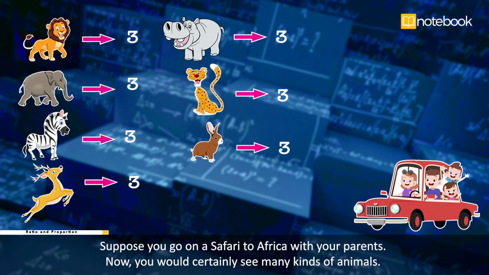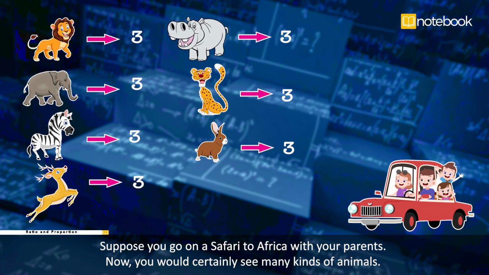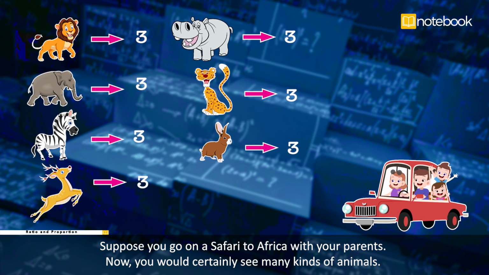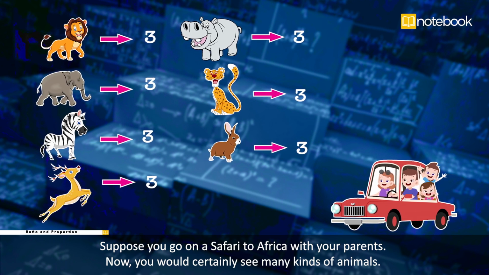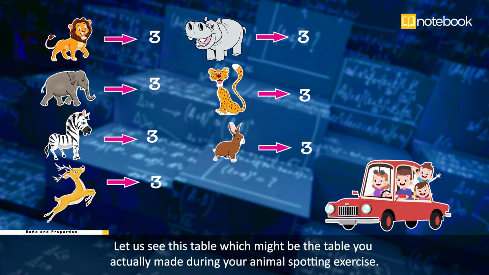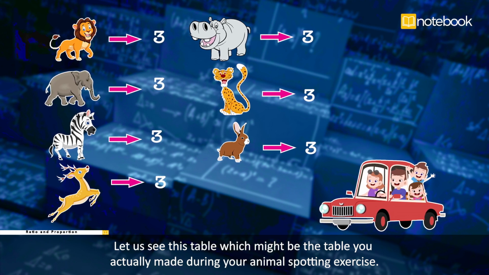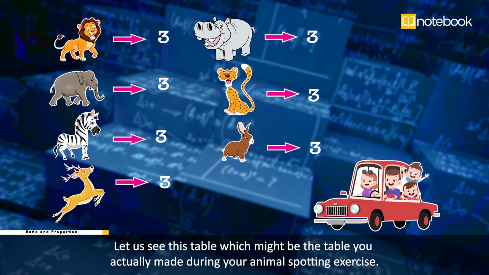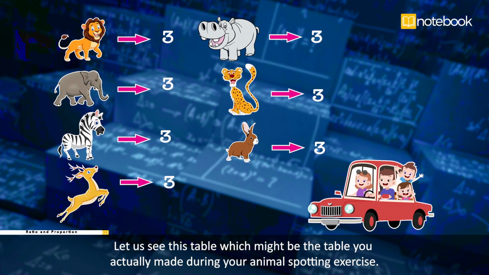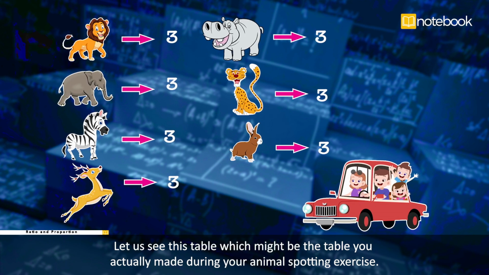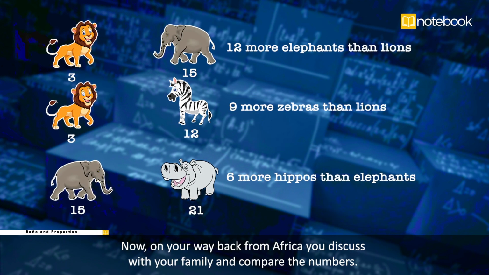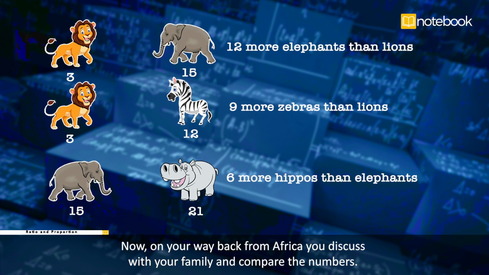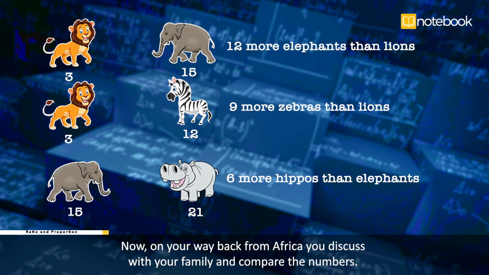Suppose you go on a safari to Africa with your parents. Now, you would certainly see many kinds of animals. Let us see this table, which might be the table you actually made during your animal spotting exercise. Now, on your way back from Africa, you discuss with your family and compare the numbers.